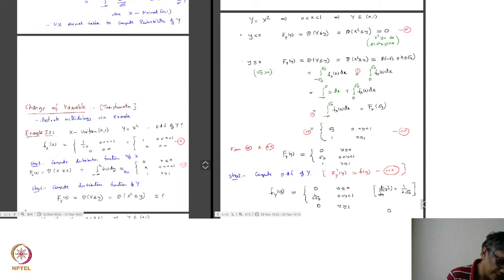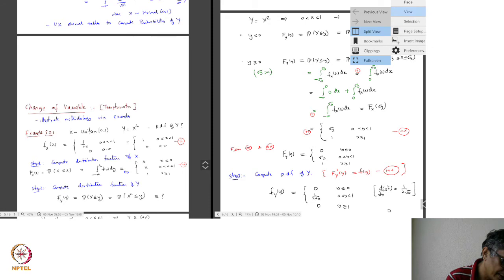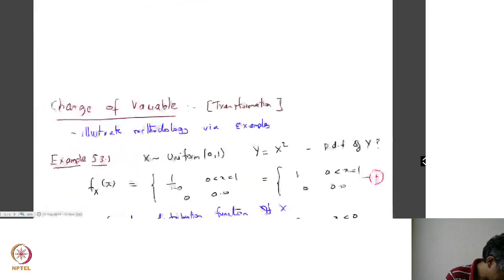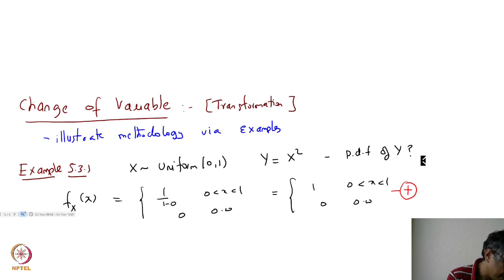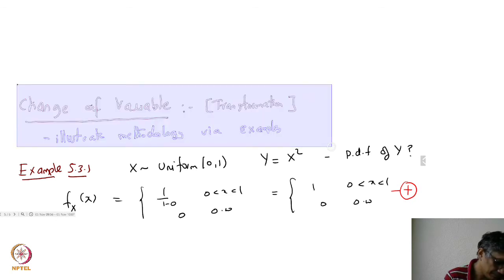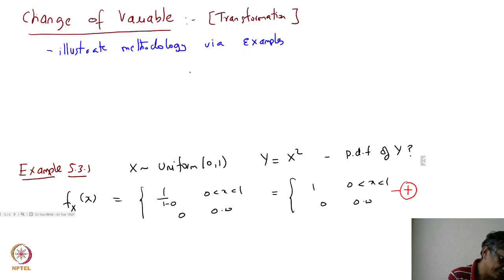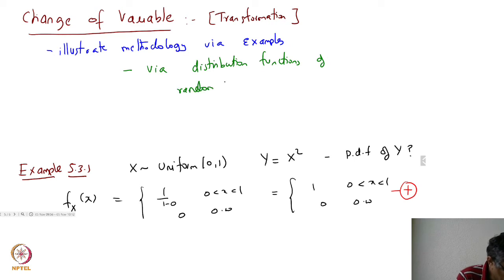Let me just go back and recap. The idea is that we change a variable, set up the methodology, and we go via distribution functions, and then use the relationship between PMF or PDF and the distribution.